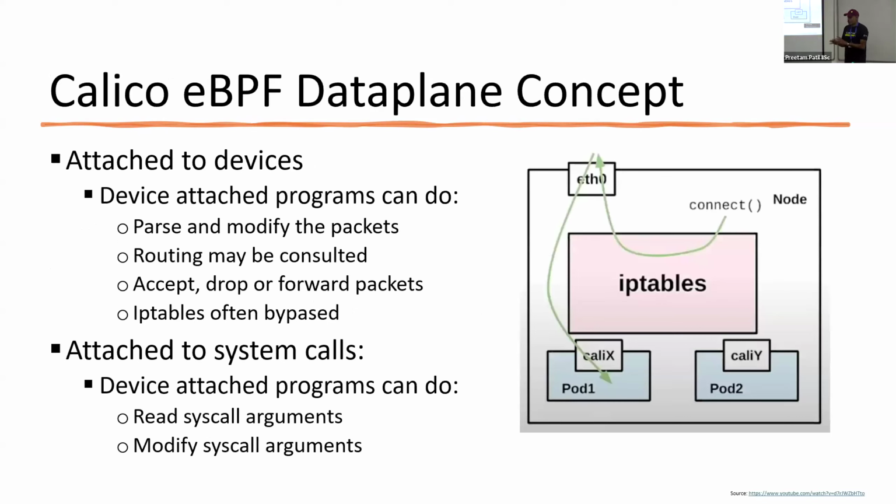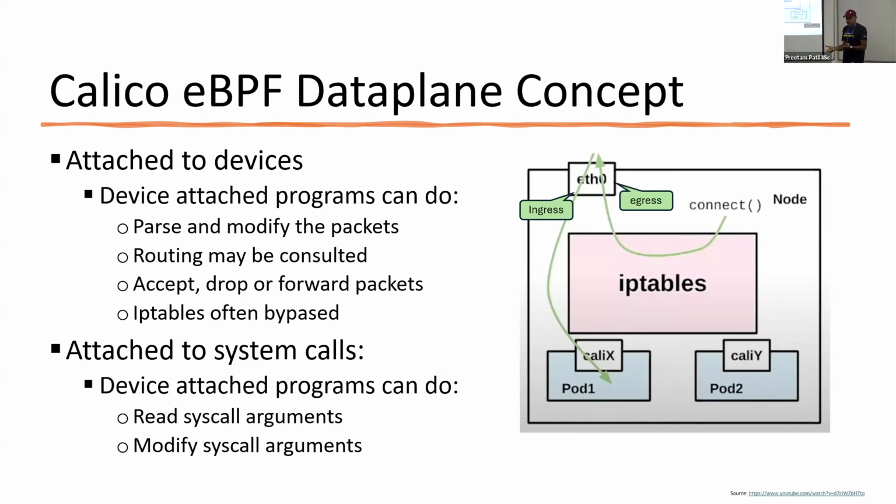So what is the eBPF data plane concept with respect to Calico, right? From the Calico perspective, we attach the program at two places, right? One is for devices and the other is for the system call, right? For the device, you typically attach at an ingress and an egress point. As Dushyant talked about, you can attach at a TC point, right?